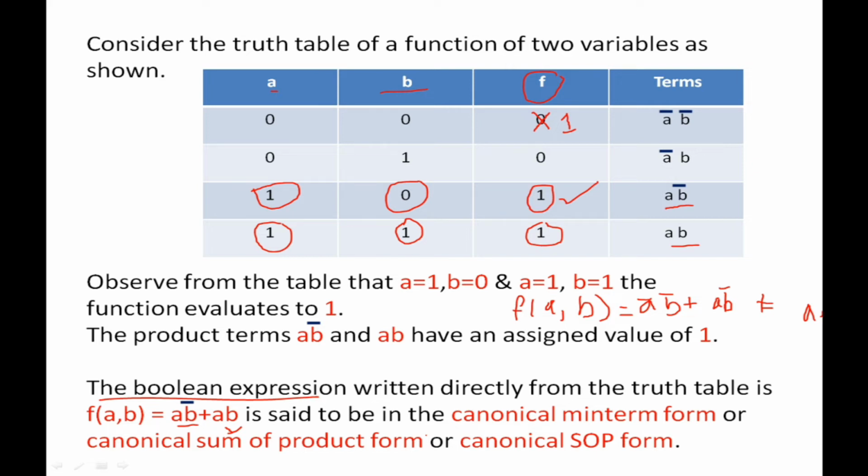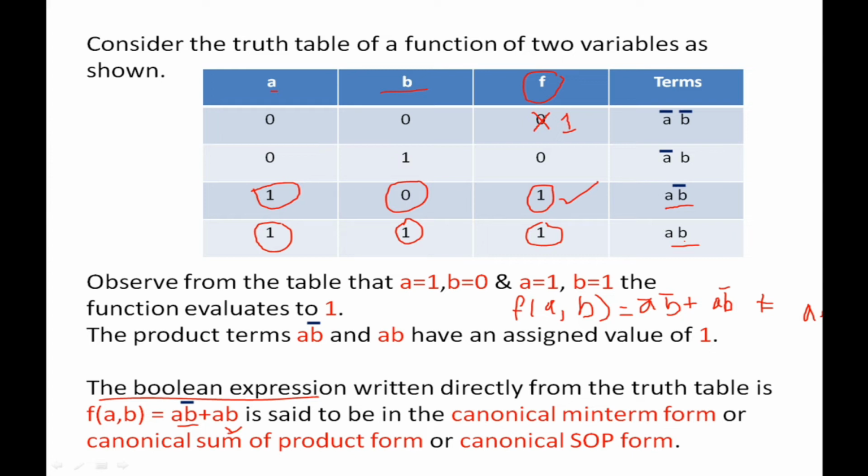Fine. Hope you have understood how to get the min terms from the given truth table. The terms for which the function evaluates to 1 are considered for the Boolean expression, and they are called the canonical min term form, or the canonical sum of product form.